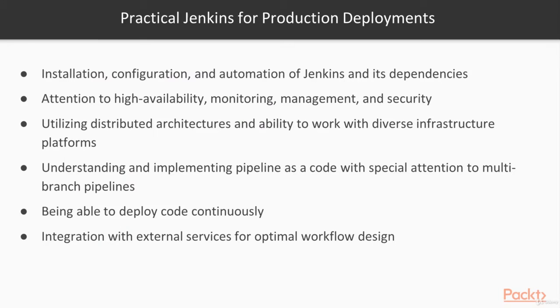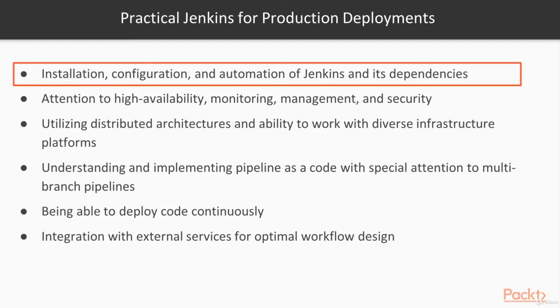In any technology ecosystem, being able to run and work with a tool is not enough when a production environment is in question. We have to be able to make sure that the deployment is suitable to handle workloads and scale as required. To be able to deploy Jenkins in a production-grade environment, we have to make sure that we understand the core concepts and learn to install, configure, and automate the software and its related components.